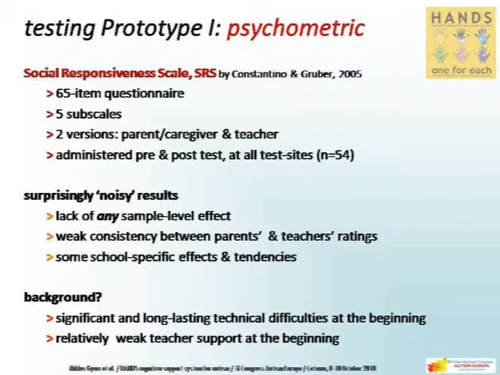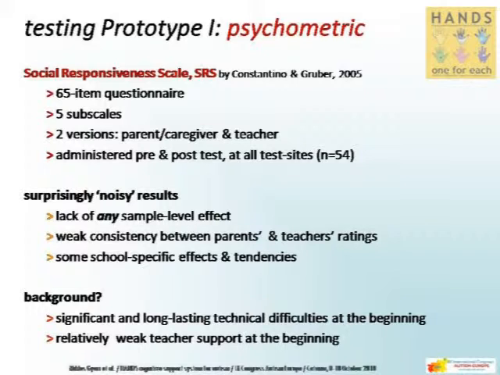It has two versions, a parent and caregiver or teacher version. We administer both versions previously to the testing and right after the end of testing to have a baseline and data about potential effects.